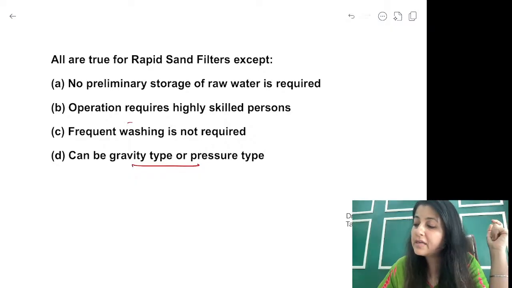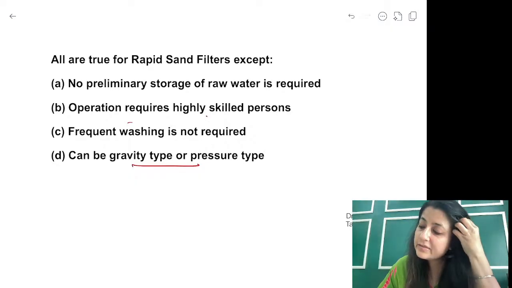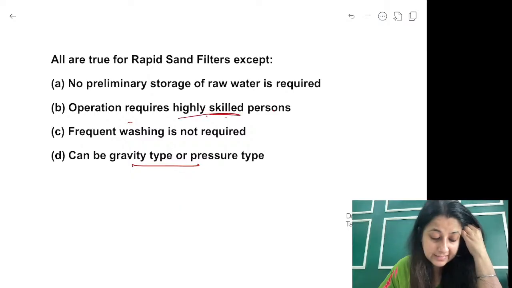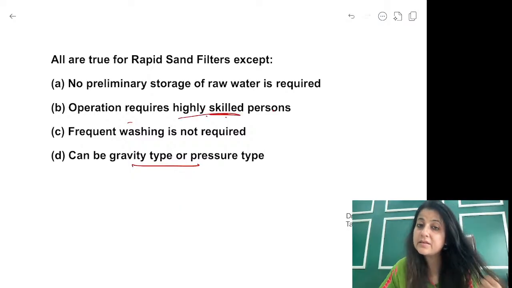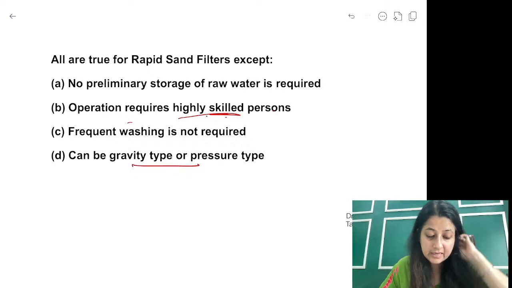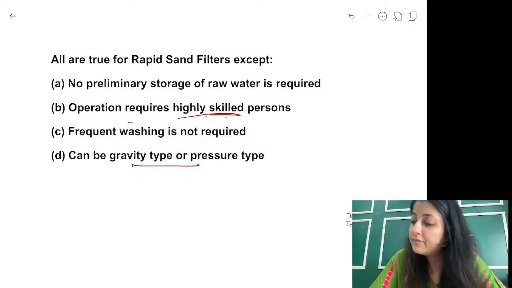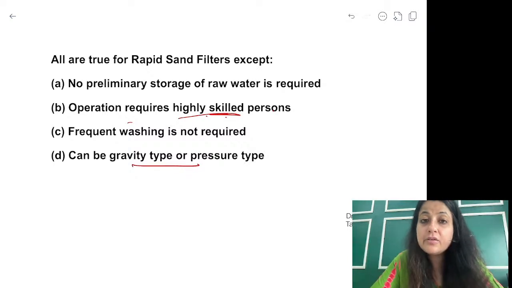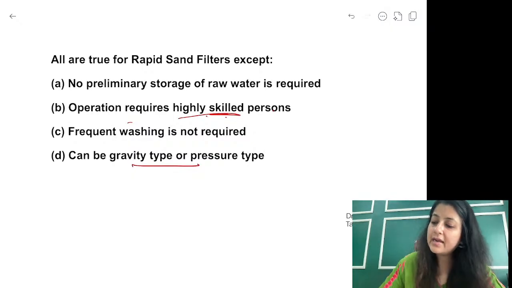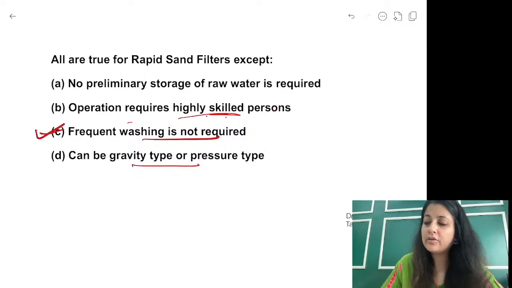Operation requires highly skilled person. Yes, it does. Frequent washing is not required. We do have frequent washing, guys, backwashing. No preliminary water storage of raw water required. Yes.